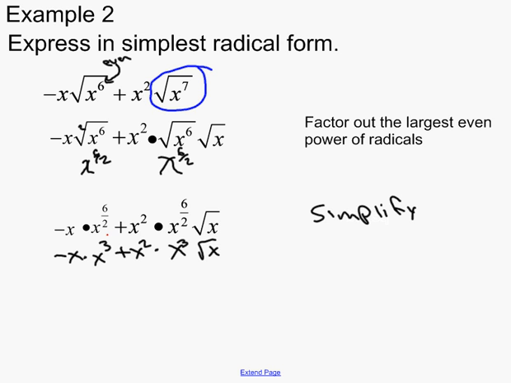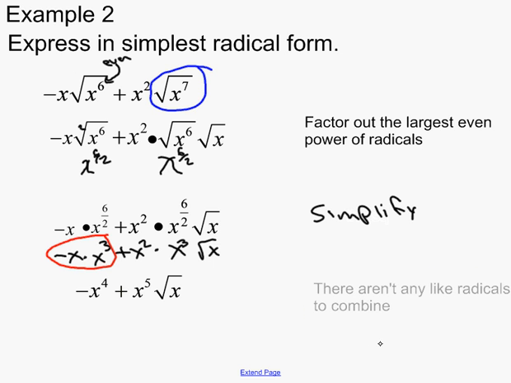So negative x times x to the third is negative x to the fourth. And x squared times x to the third, that's x to the fifth. Bring down the radical x. So there aren't any like radicals to combine. So this is our final answer.